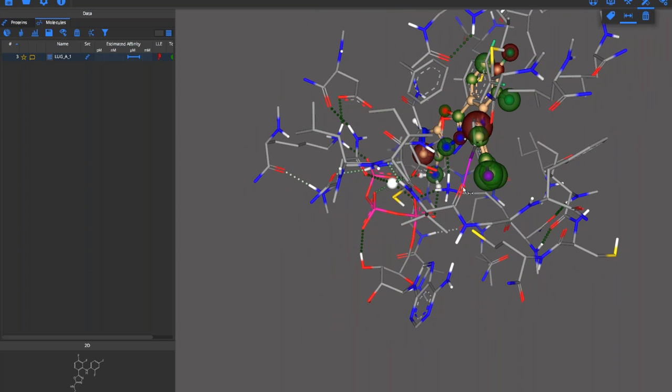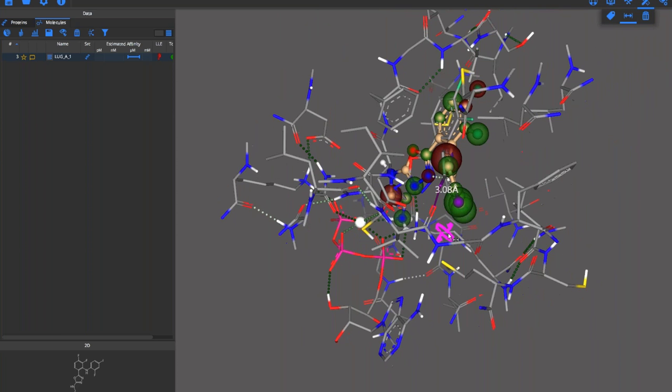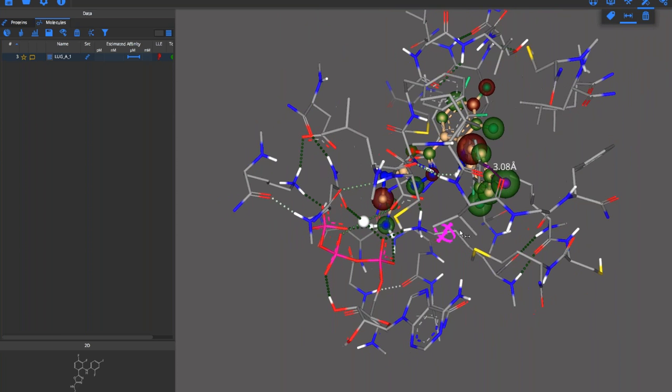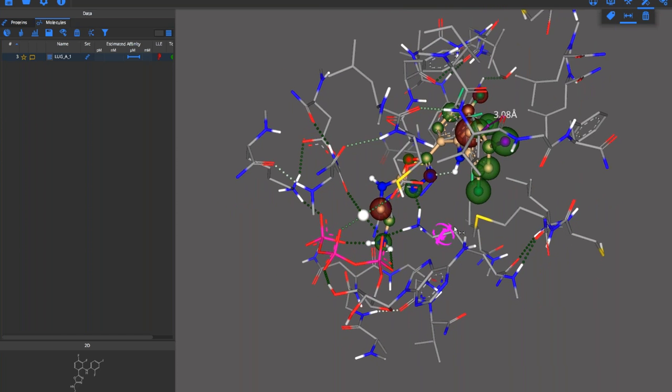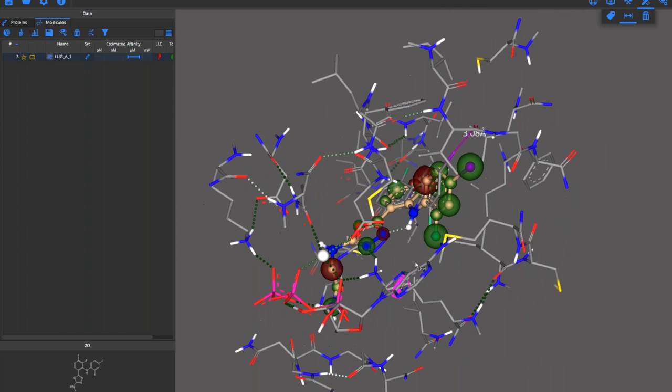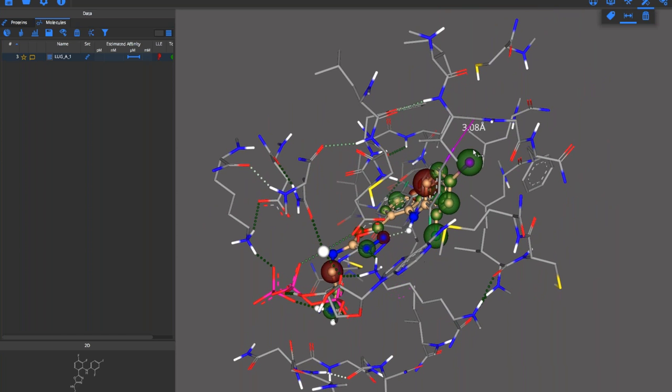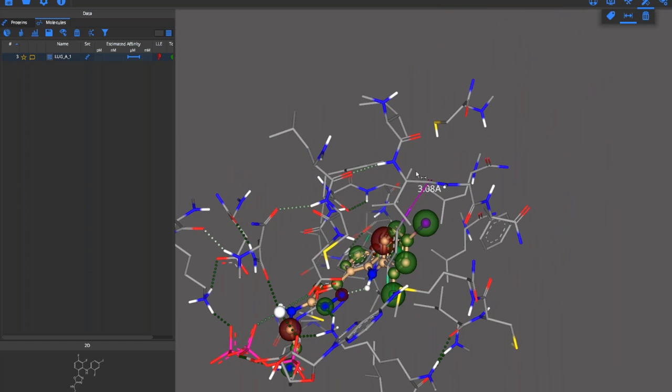So we have a distance here between the iodine and the receptor oxygen of 3.1 angstrom. But if we look at the plane here, where the iodine is coming from, this is the plane of the lone pair of the oxygen. The iodine comes from below.